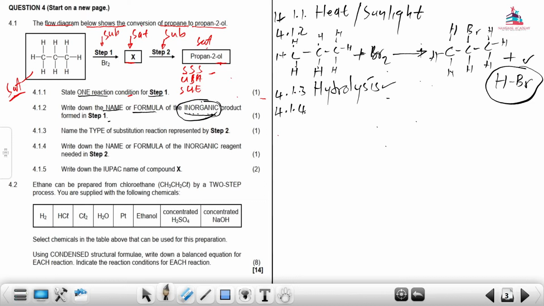4.14, name or write down the name or formula of the inorganic reagent needed in step 2. I did say it's substitution, so it's either excess water or dilute strong base.